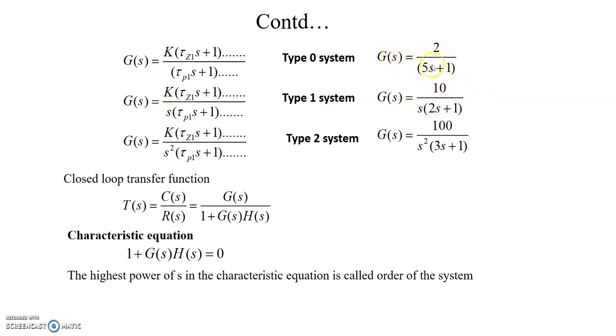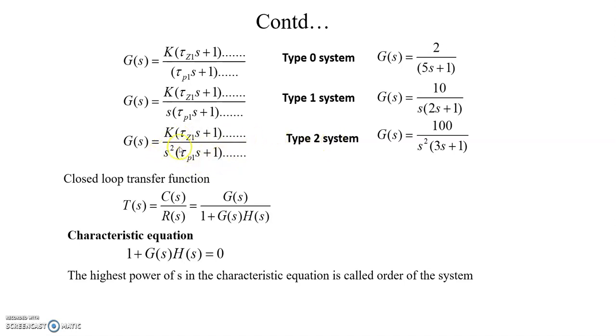So g of s is equal to 2 by (5s plus 1) is a type 0 system, whereas g of s is equal to 10 by s into (2s plus 1) is nothing but a type 1 system. So next, this is another example for type 2 system. In general format, k into (tau z1 s plus 1) divided by s square into (tau p1 s plus 1).